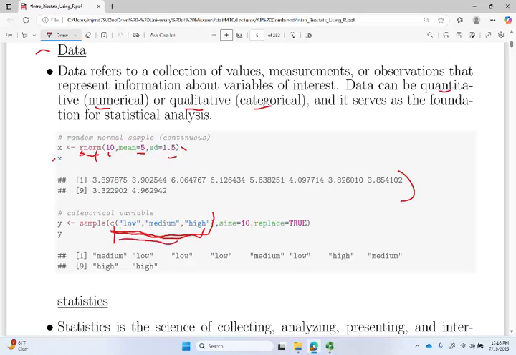So we have these vector values, low, medium, and high, and we're going to take samples from them with replacement, which means we're going to take one, look at it, record it, put it back, and then just repeat that process 10 times. Store it in the variable y, and then when we print it out, these are our observations.